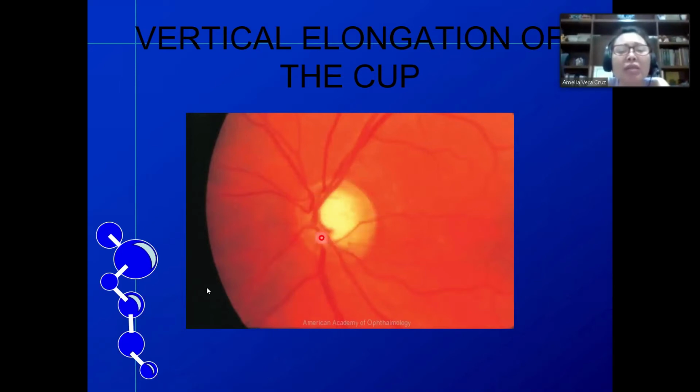If you will estimate the cupping through ophthalmoscopy, for example, nag-ophthalmoscopy ka, so sabihin mo ngayon, anong cupping? Tatanungin ka, what is the cupping of that one? Volunteer? That one is thin.